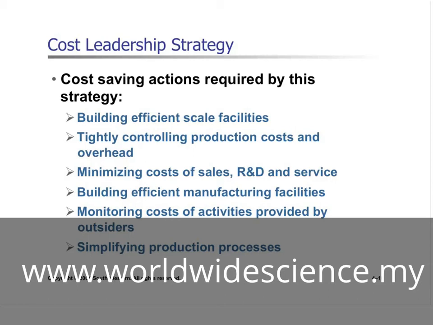Tightly controlling production costs and overhead. This is a very important thing, because when you want to be in business, you have to make sure that you're making a profit. You have to make money, otherwise you'll be out of business.